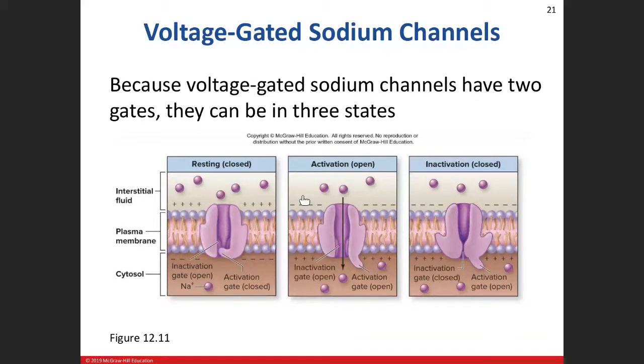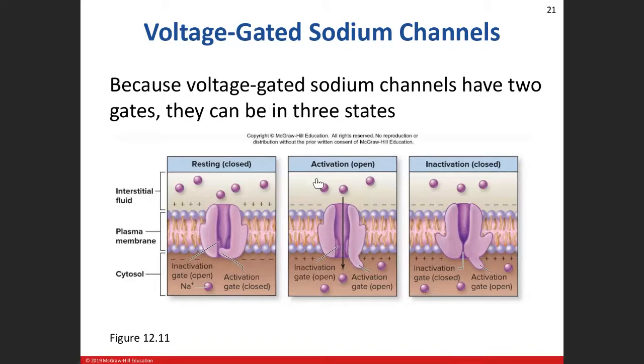For our purposes right now, we've flipped it. Now the inside of the cell is more positive and the outside of the cell is more negative. That's that voltage change I was talking about. That voltage change caused the activation gate to open up, and now sodium enters into the cell and diffuses down its concentration gradient.